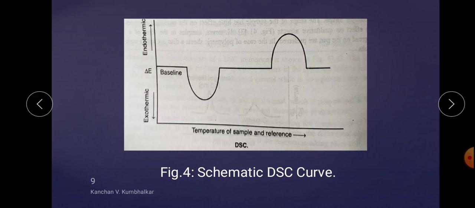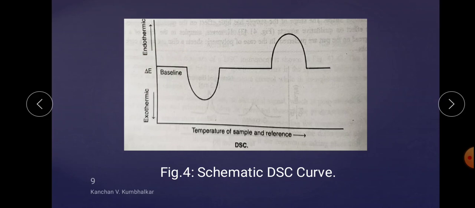So heat flux DSC attains similar results, heating sample and reference from the same disk. The thermocouples are used to sense the differential heat flow to the sample as well as the standard reference compound.